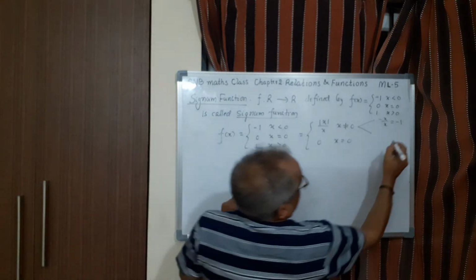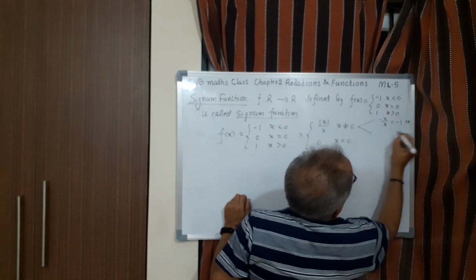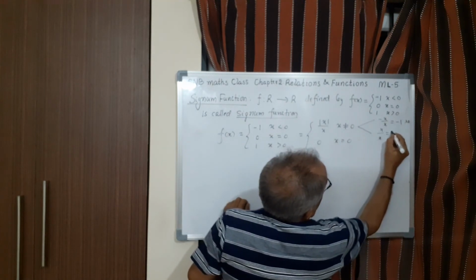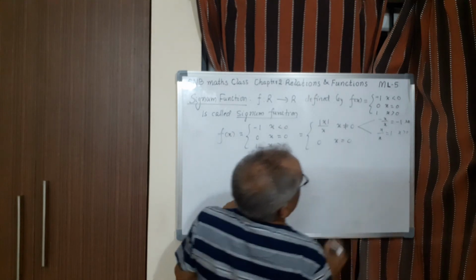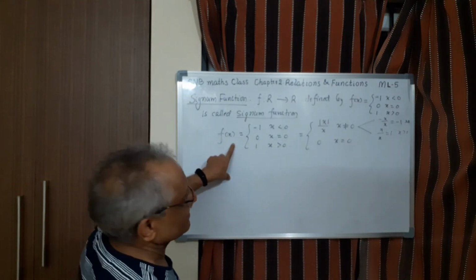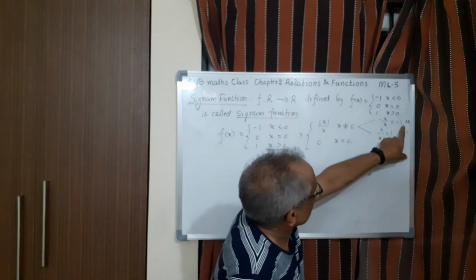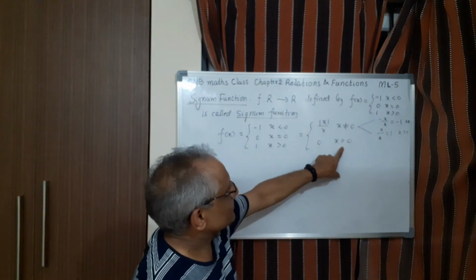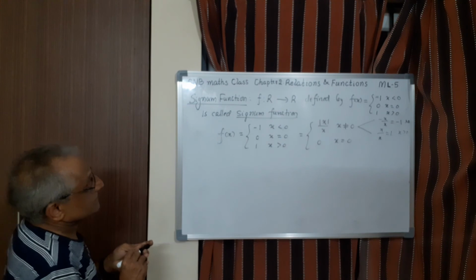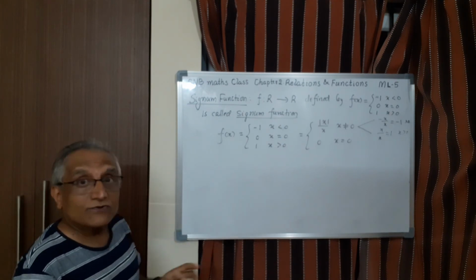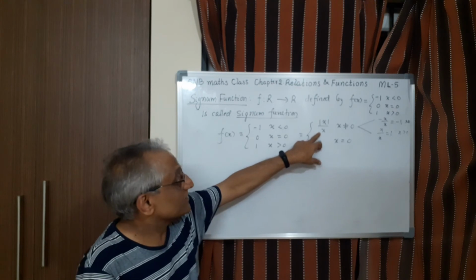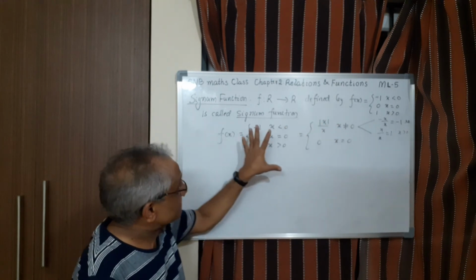That is whenever x is negative. Suppose you take x positive, it is x by x, 1, whenever x is positive. So you get the same function. X negative, minus 1; x positive, 1; x 0, anyway 0. So a signum function can be expressed as a combination of the modulus function by the identity function. So that is another beauty of this function.